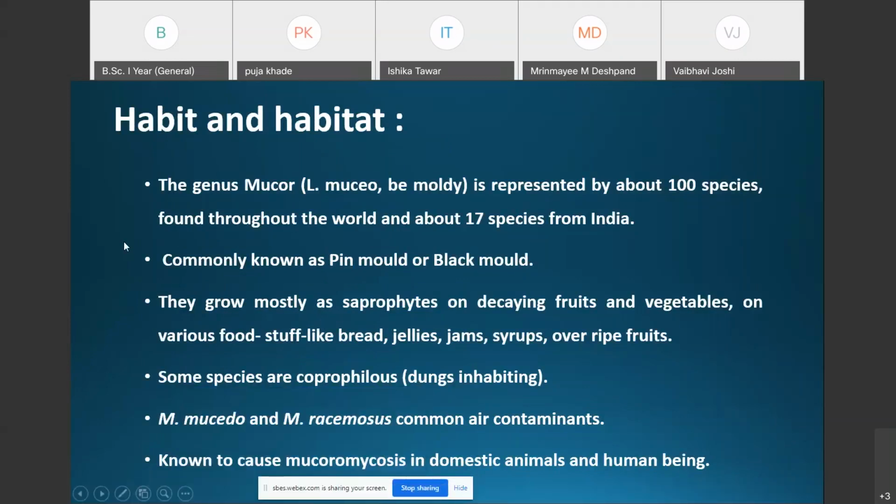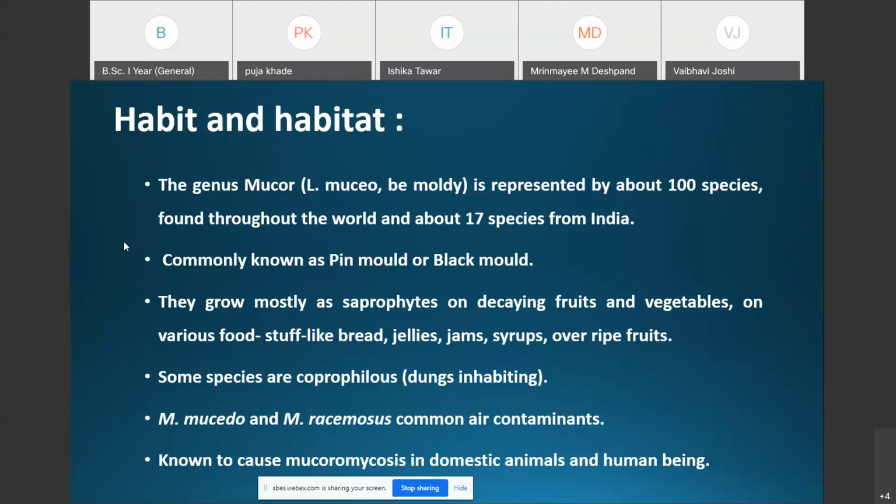The name of the fungus Mucor is derived from the Latin word muceo, which means moldy. The genus Mucor is represented by more than 100 species, which are reported to be found throughout the world, but in India only 17 species of Mucor are reported.